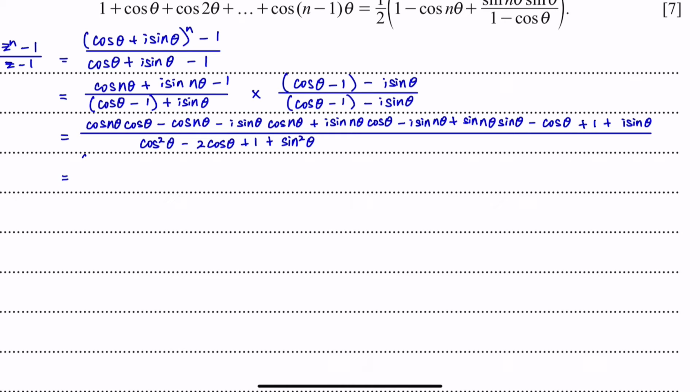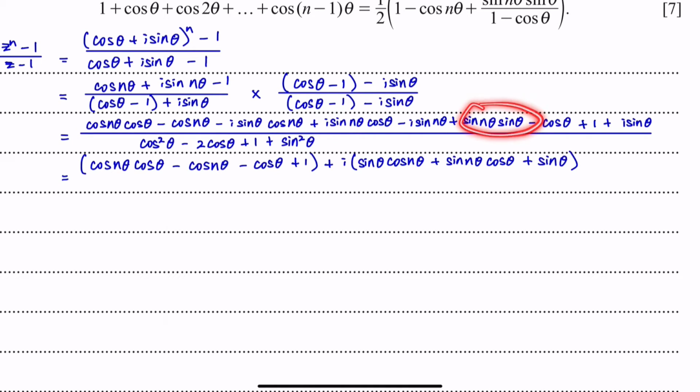So we get cos n theta cos theta minus cos n theta minus cos theta plus 1 plus i times (sine theta cos n theta plus sine n theta cos theta plus sine theta).